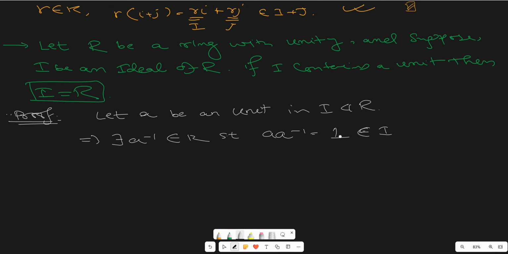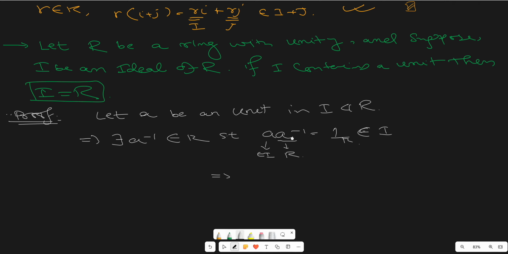Since this element is inside I, and this is inside R, you can write it as R dot I or I dot R.